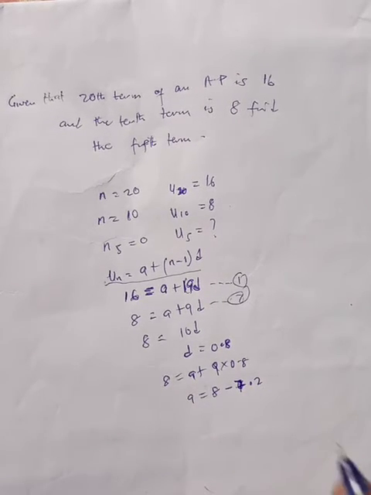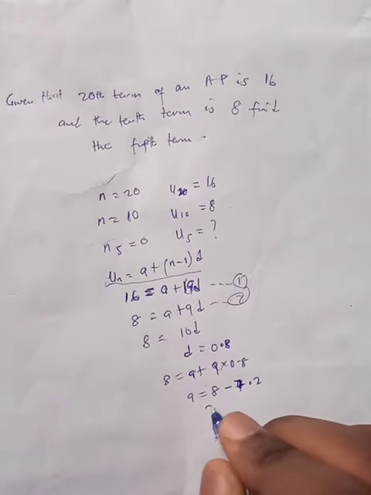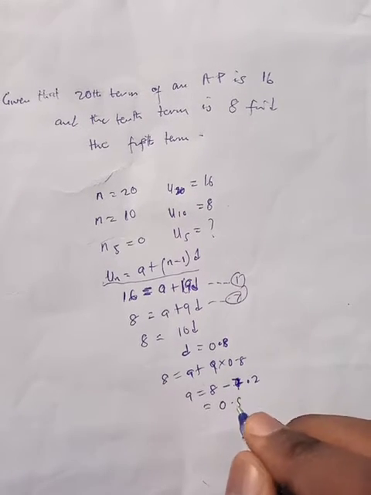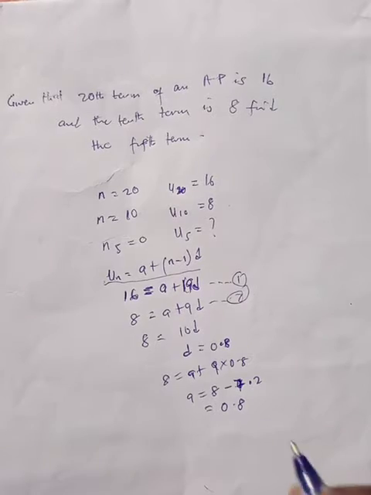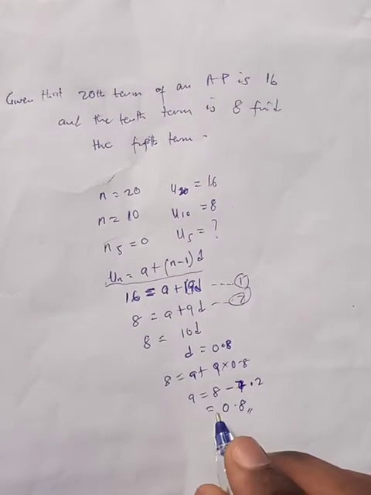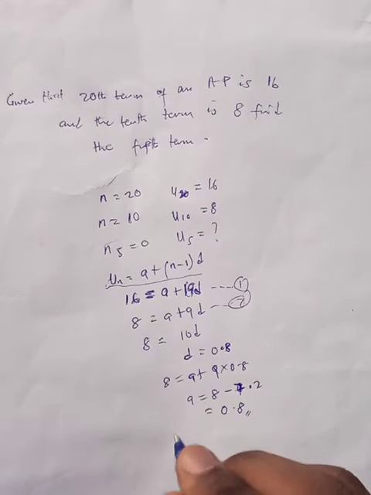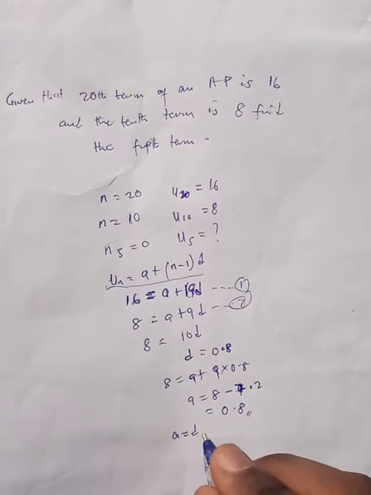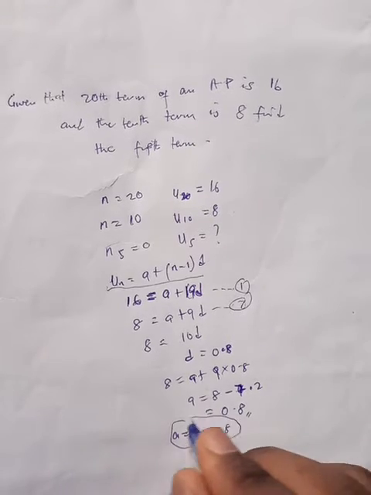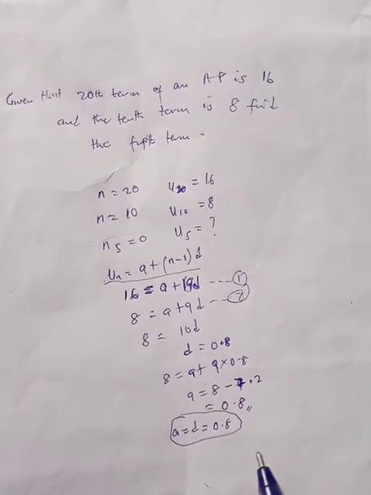This will give us 7.2. Then 8 minus 7.2, what will we get? We'll get 0.8. So this is our answer for a. So a is equal to 0.8 and d is equal to 0.8 as our answers for a and d.